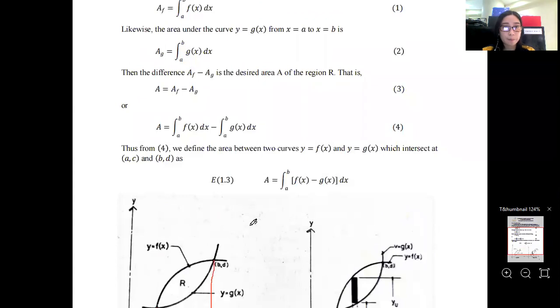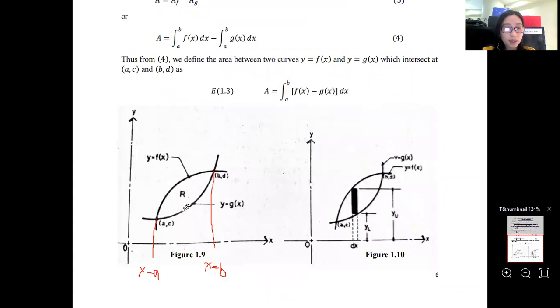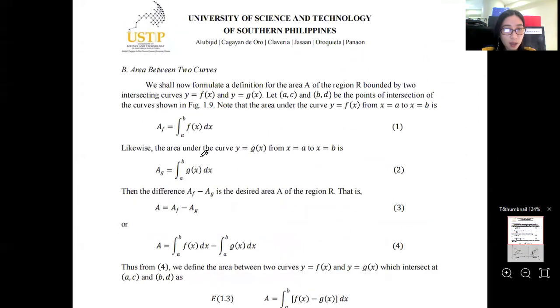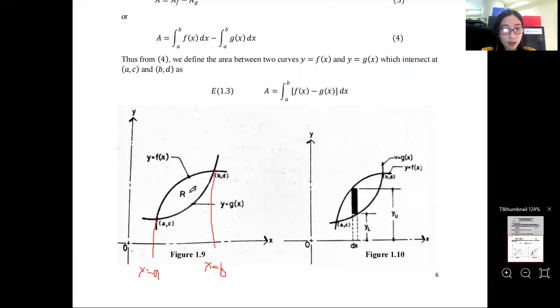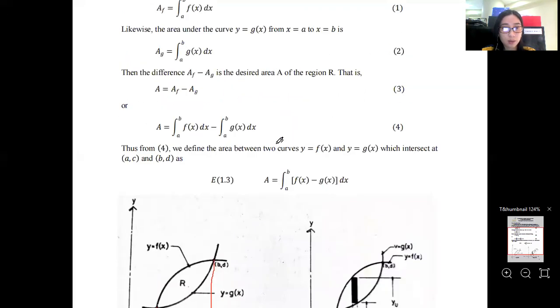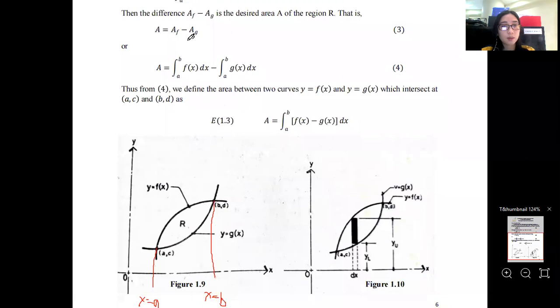So the area of this region is this area minus this area, or a sub f minus a sub g. So that is how we get the area bounded by this region. So that is A is equal to a sub f minus a sub g. That is our third equation.